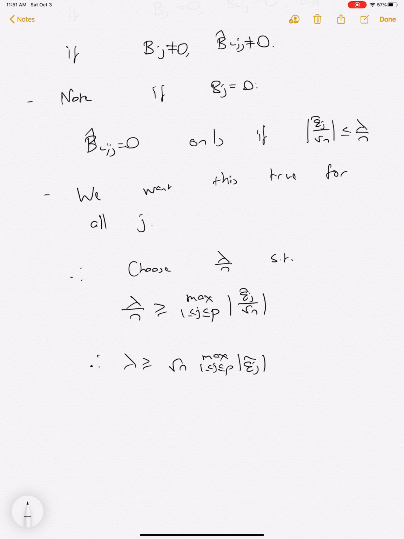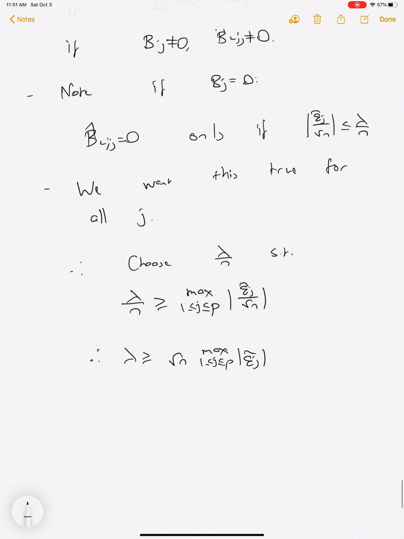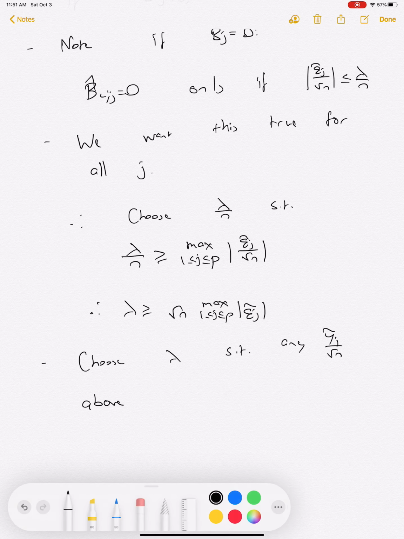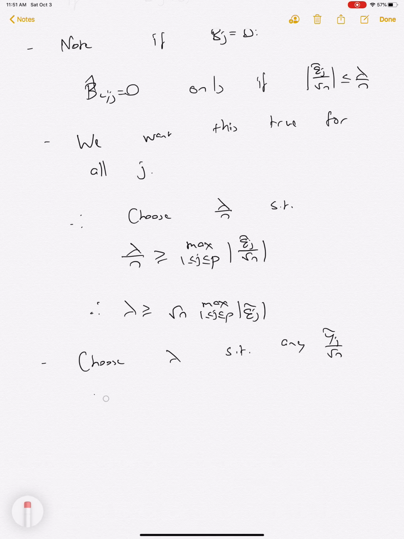But essentially what we're doing is, we want any y tilde below the noise level to be thresholded to 0.